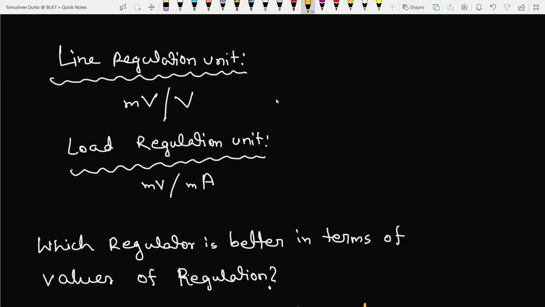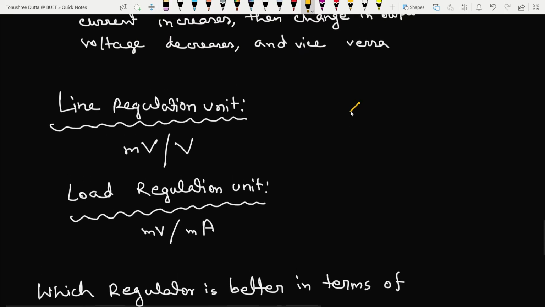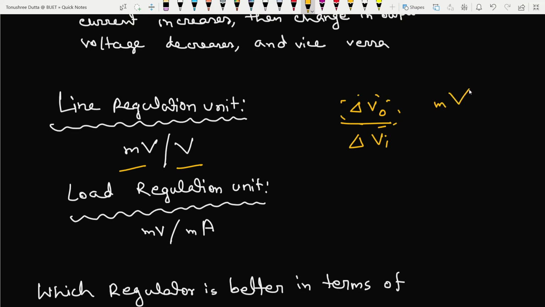Line regulation is the ratio of two voltages, del V output divided by del V input. So this is going to be voltage by voltage. Typically it is measured in millivolt per volt, because the output change typically occurs in the millivolt range, and the input change is normally measured in the volt range. So this is the typical unit of line regulation.